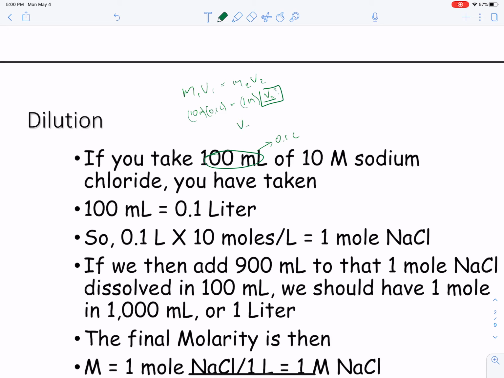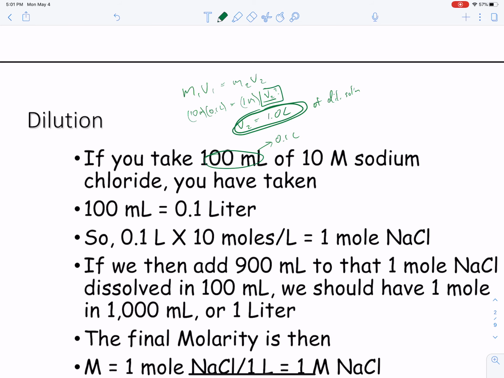It says that V2 will then equal 1.0 liters. That means we will have 1 liter of our dilute solution.